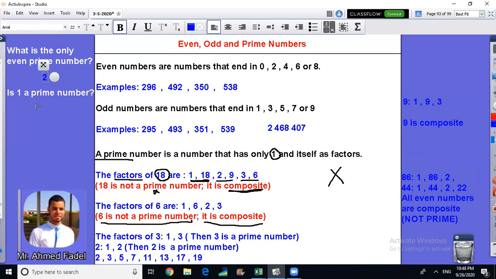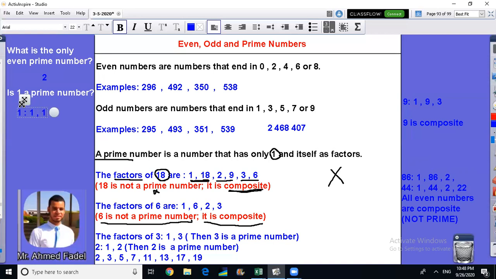All right. Is 1 a prime number? This is another question. Well, we agreed a prime number is a number that has only 1 and itself. What are the factors of 1? The factors of 1, you're going to find that it's only 1 multiplied by 1, but we cannot write it twice.